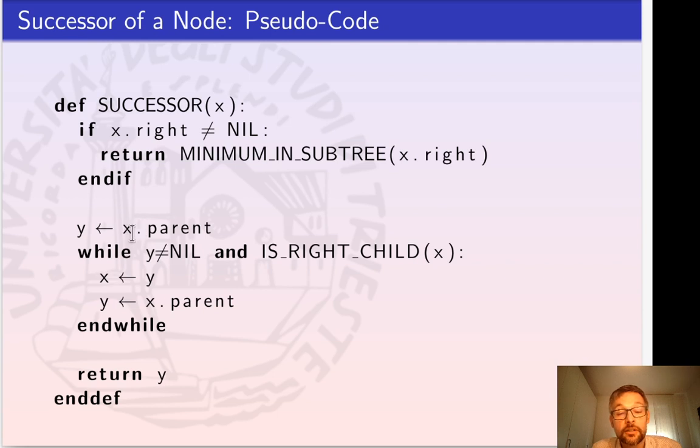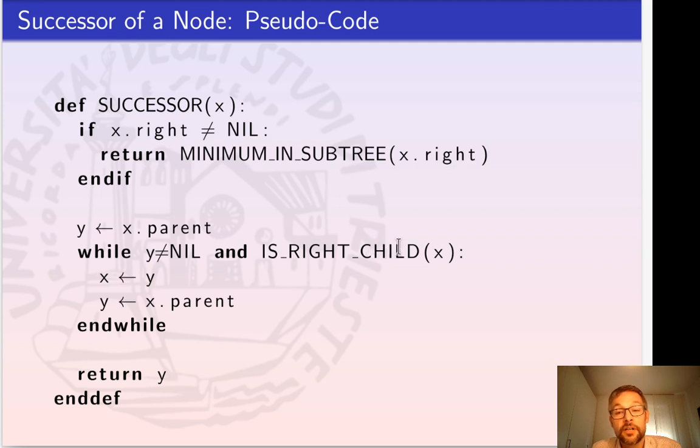While this condition holds and we are dealing with a node which is the right child of its parent, we keep moving towards the root, until either the parent of the node we are dealing with is nil, meaning that x is the root, or we are dealing with a node which is the left child of its parent. In both cases, we need to return y.